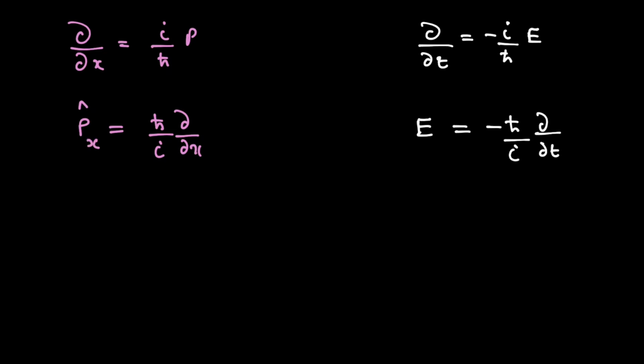So far, these are the operators. The one with subscript x is the momentum operator in the direction of x, and the other is the energy operator. One thing to watch out for is if we have 1 over i, we need to rationalize the denominator. We have a complex number, which is i, and then we have to use something called the complex conjugate.